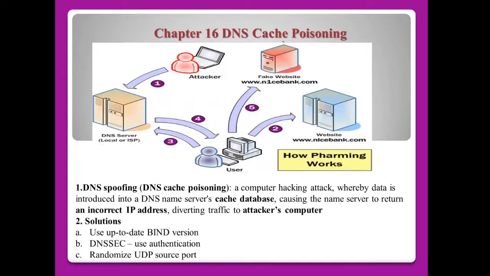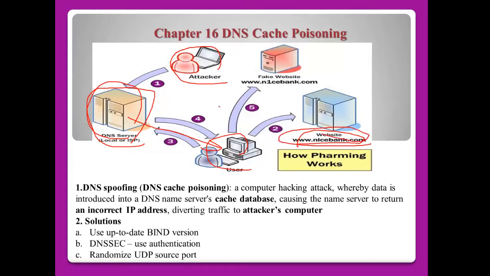Chapter 16, DNS cache poisoning. This cache poisoning looks very simple to understand. For example, I'm using this DNS server, and this is the computer as a user. Normally, I get DNS information from this name server, for example, for nicebank.com. But an attacker poisons the DNS cache of this DNS server for this website.